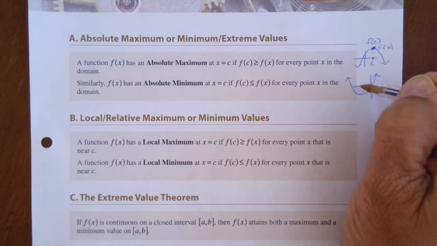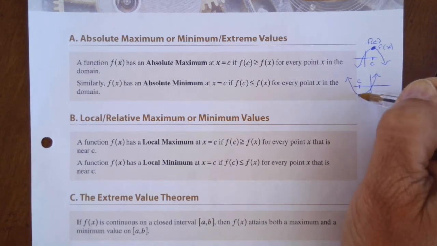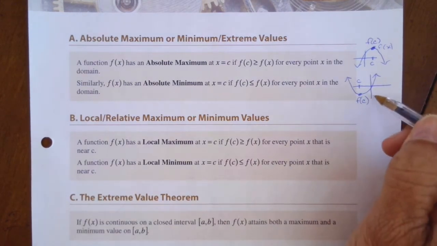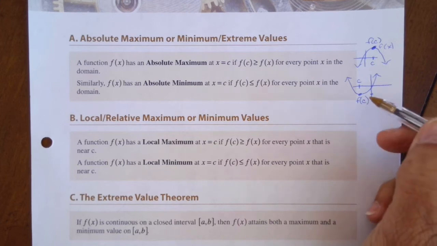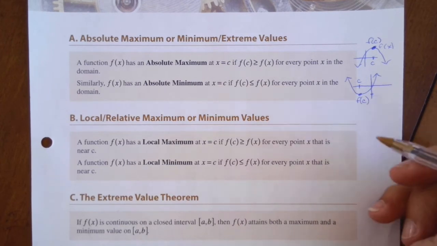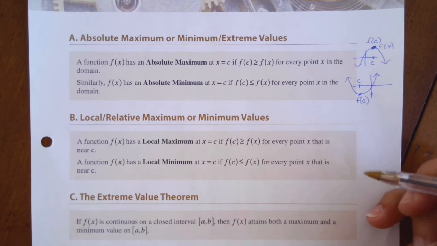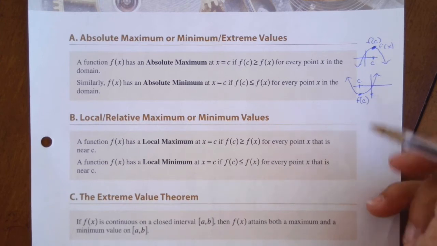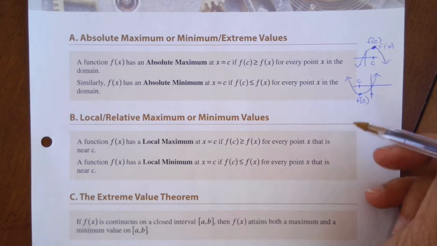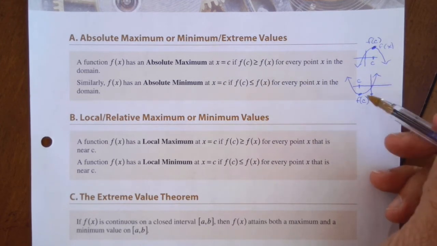Here would be c, here would be f of c, and you can see very clearly that that's the smallest y value out of all of the y values in that function, so that would be considered an absolute minimum. Those we know for a fact because they're the absolute. There's nothing higher, nothing lower than those values.